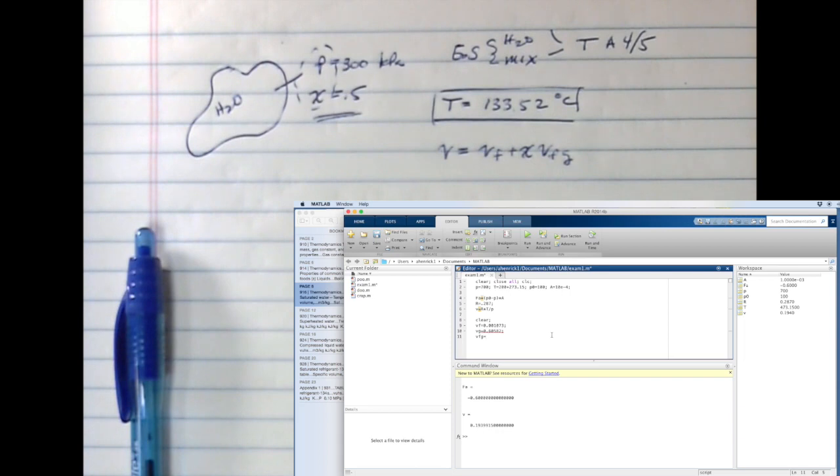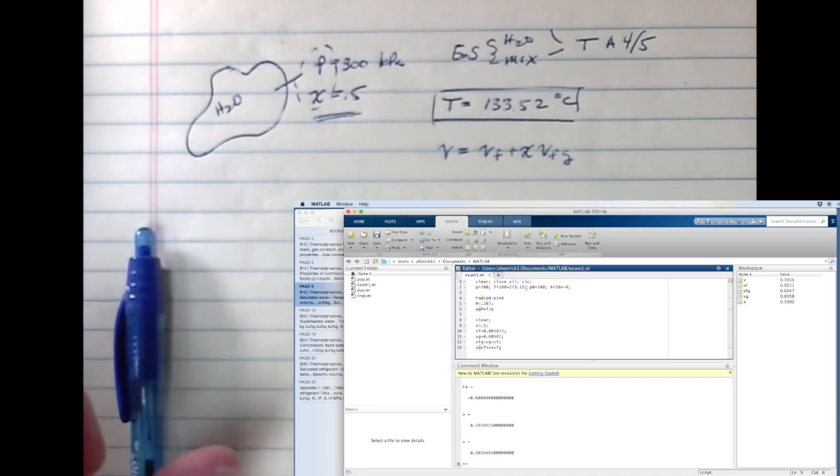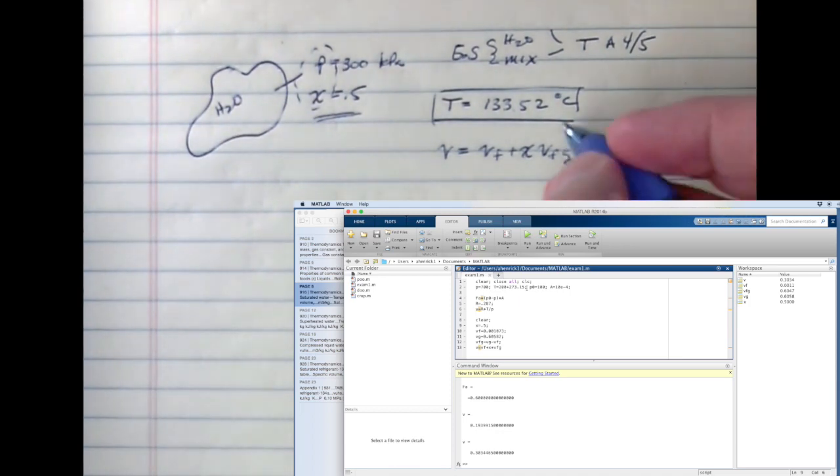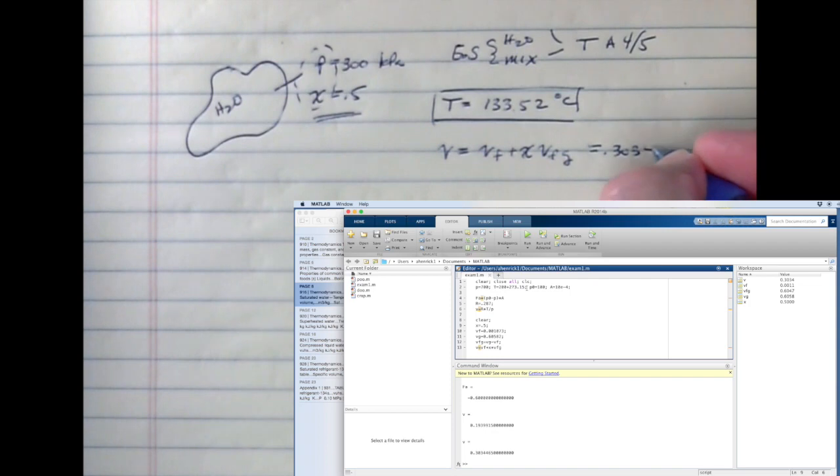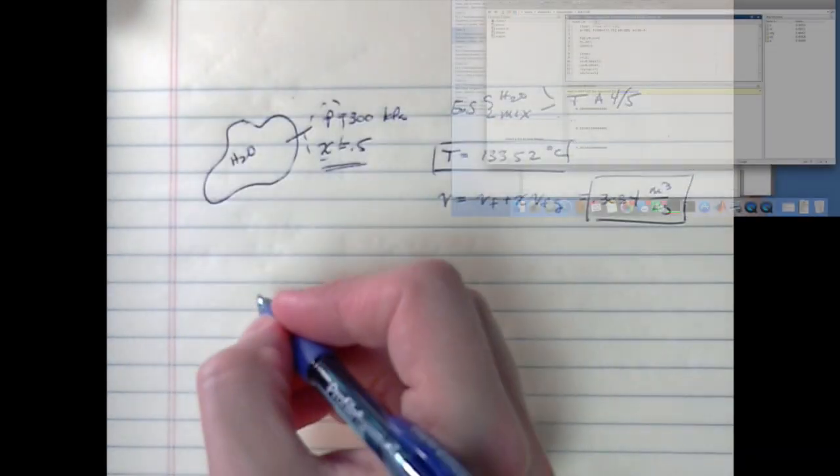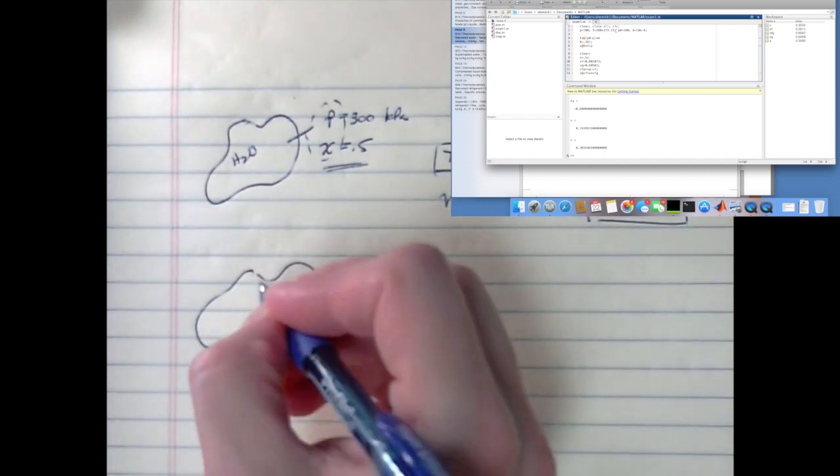VFG is just VG minus VF, and V is equal to VF plus X times VFG, and of course we better tell it what X is. X was 0.5. And we run this, and we get our volume here is 0.3034 meters cubed per kilogram. And that problem is done. Now we're on to the next one.